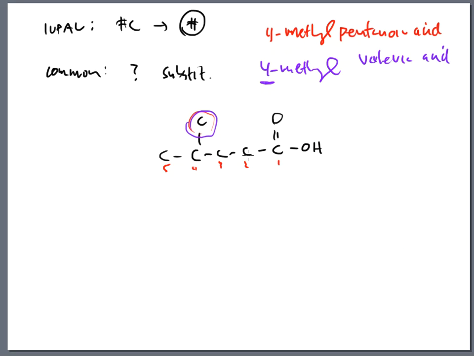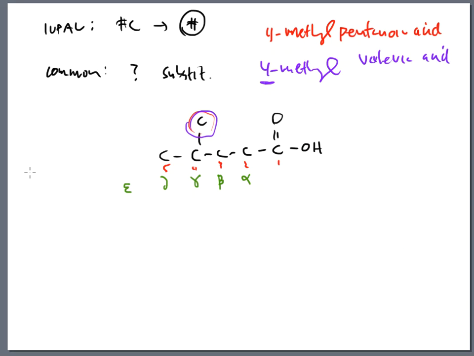In the common nomenclature system, this is regarded as an alpha carbon. Therefore, Greek letters, Greek alphabet, yep, foreign language. Beta. The next one is gamma. The next one would be delta. The next one would be epsilon, and so forth.